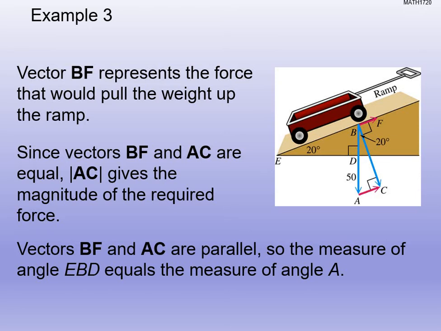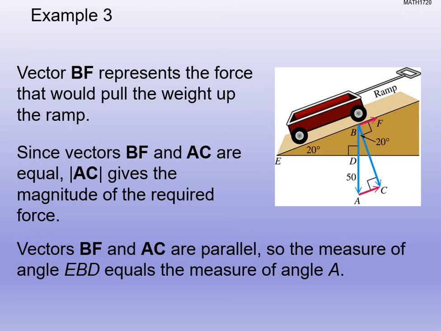So do we 100% have the values for those? Yes, we have the value now for EBD. That's in the small triangle, triangle EBD, all right? And we know the angle EBD is now what? It's 70 degrees, because that triangle is a 90-degree triangle, so all the angles have to add up to 180 degrees. 180 minus 90 minus 20 is 70.